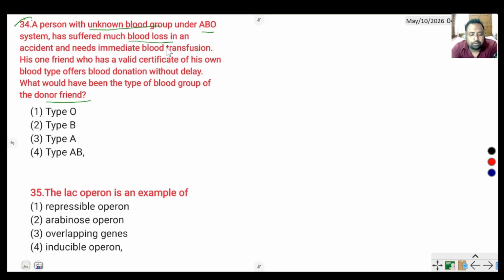When you don't know the blood group type and you give blood to someone who is suffering from blood loss, that is type O, because in type O there is no antigen present, so it is called the universal donor. Because in type O no antigen are present.